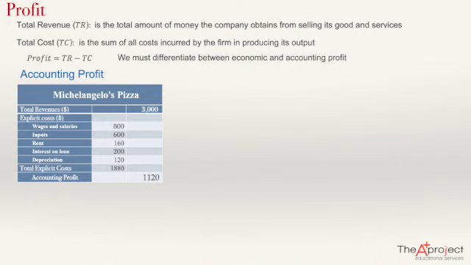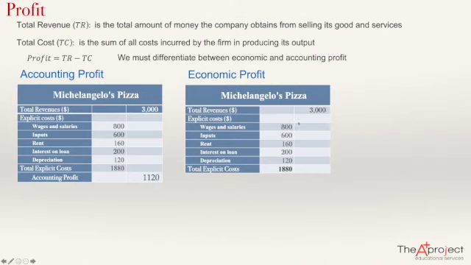In economics, we are going to do something similar, but we are considering other costs. If I want to compute the economic profit of Michelangelo's, what I need to do is have the same schedule as the accounting schedule, but now we're going to consider other costs called implicit costs. These are the opportunity costs that the owner has if he or she was doing other things with his or her time or with his or her capital.